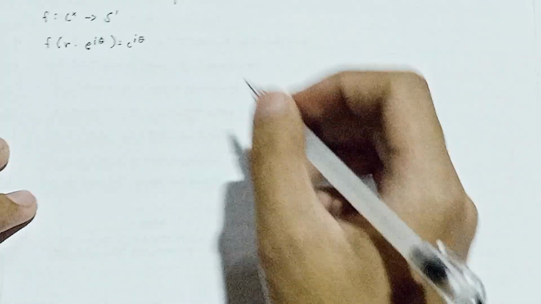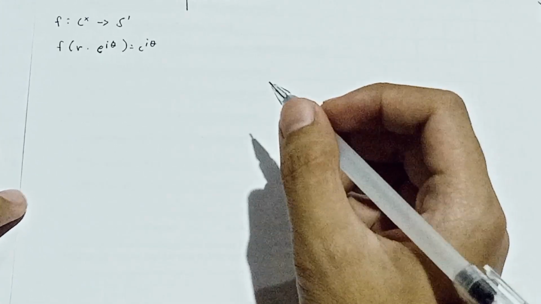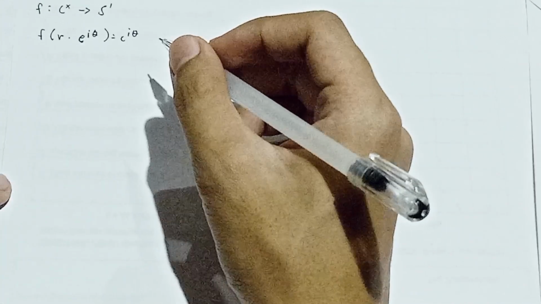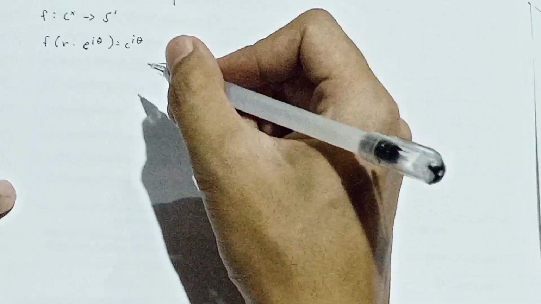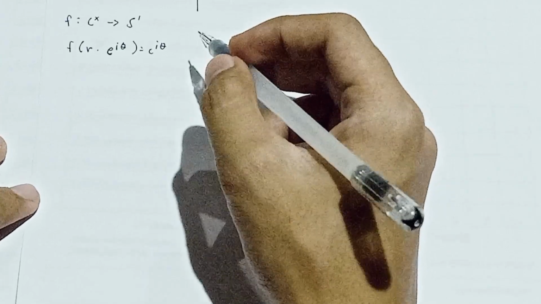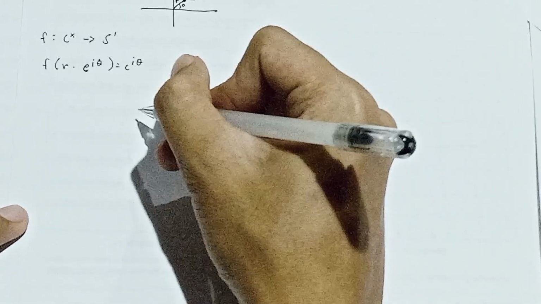You can visualize this by taking any non-zero complex number z, drawing a ray from the origin to z, and mapping z to the point where it intersects S to the power of 1. But is this a homomorphism? Let's check.